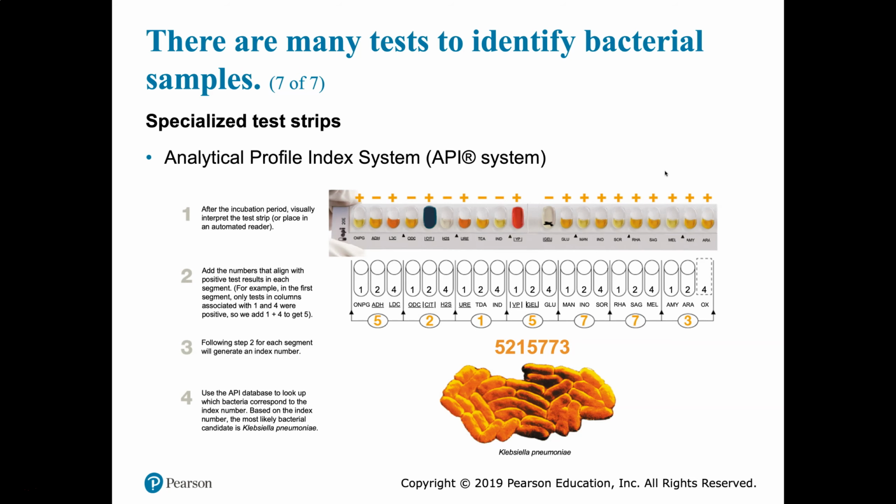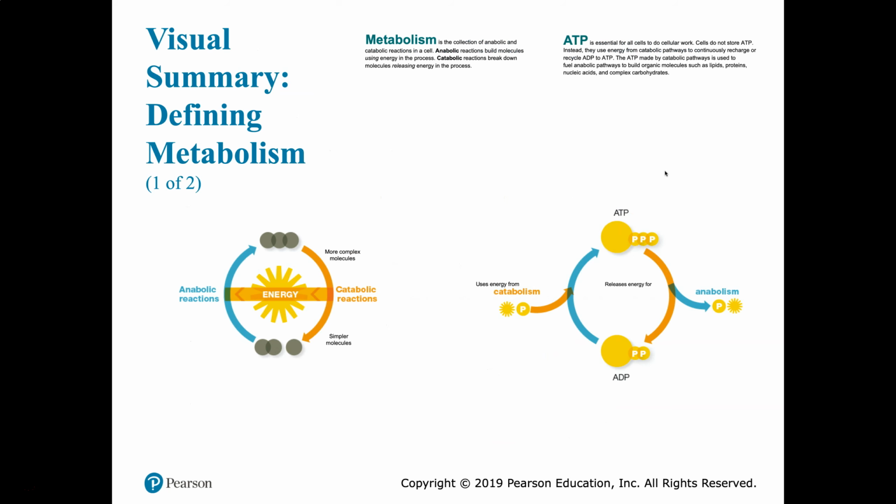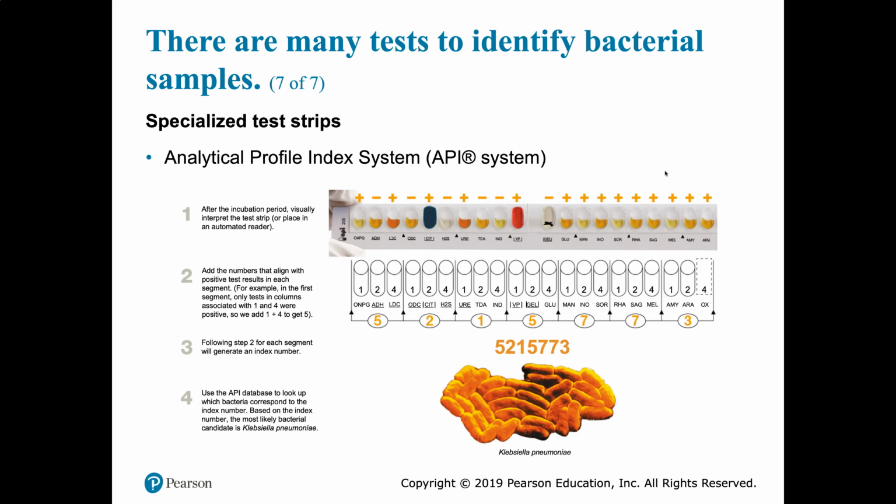So in terms of testing, using staining and microscopy, those are not the best. They're meh. Using biochemical testing is better. And then using antibody testing is even better than that. So when you test for a bacteria and you say, I think it's this one, and you look at it under a microscope and you gram stain it, unfortunately you can't tell.